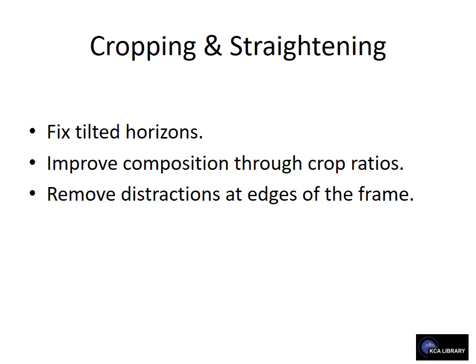How do you do cropping? You can drag a selection rectangle to define the new boundaries. The purpose, as I stated, is to correct a tilted horizon or other vertical lines that were captured at an angle.